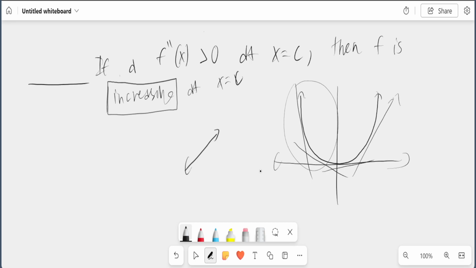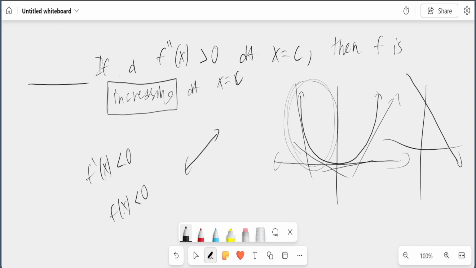So this is concave up. Just because f double prime is positive doesn't mean that f prime is positive. Just like if f prime is less than 0, does that mean f of x is less than 0? No, because I could move it up, like y equals negative x plus 2.